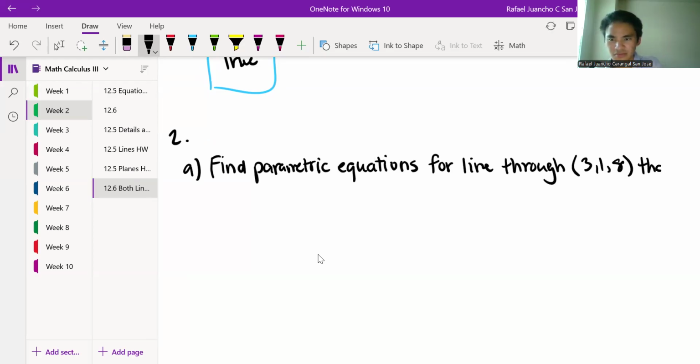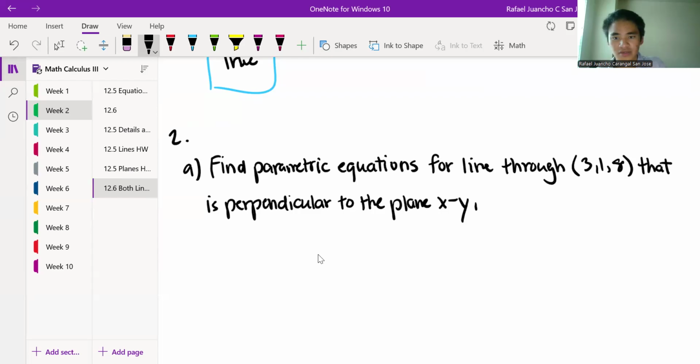What else do we know? This line is also perpendicular to the plane x minus y plus 4z equals 9, and we use parameter t.